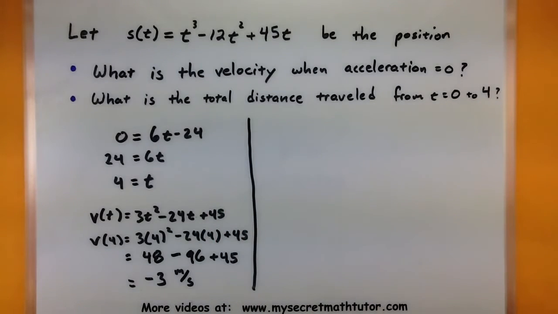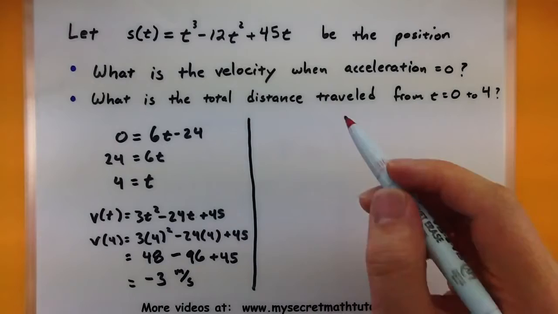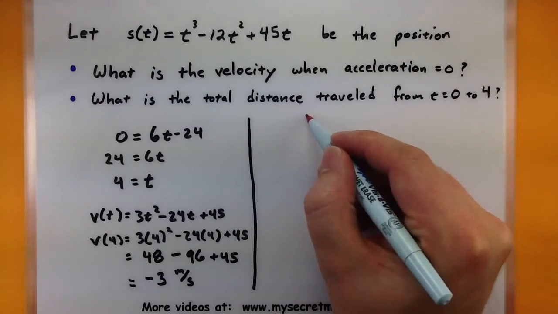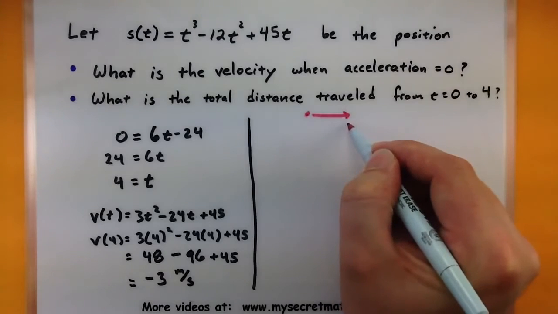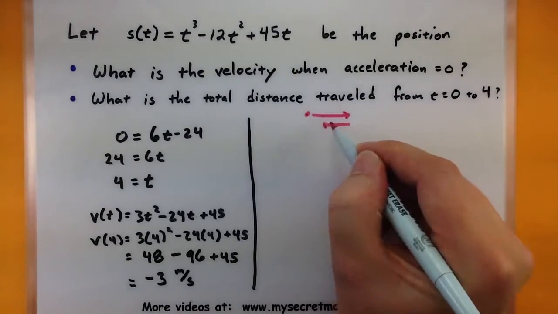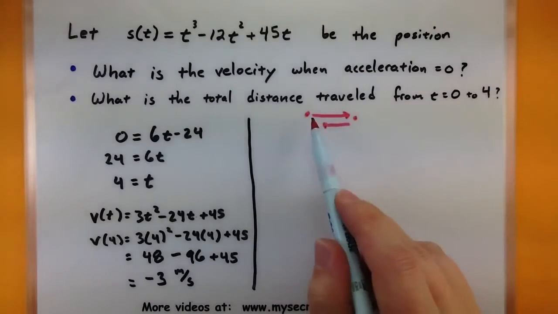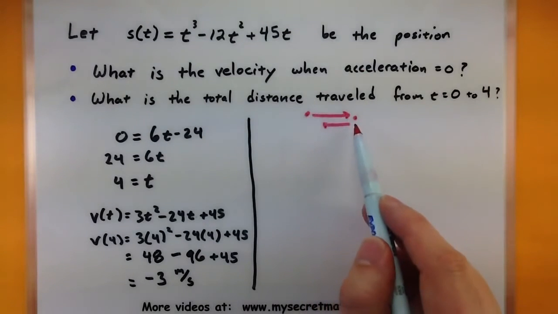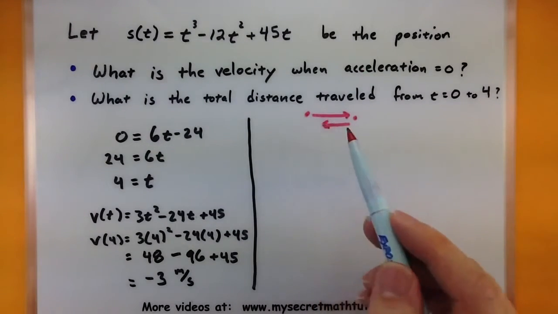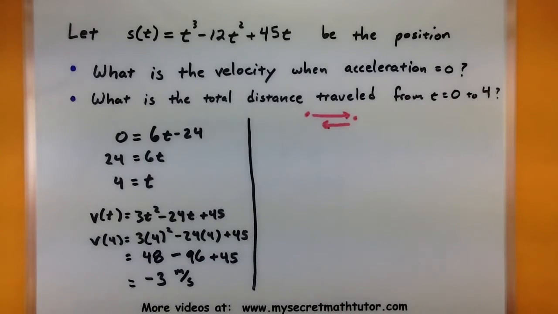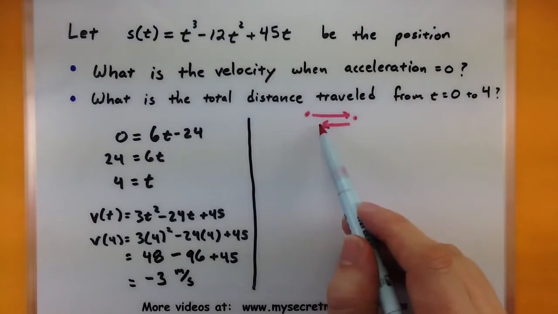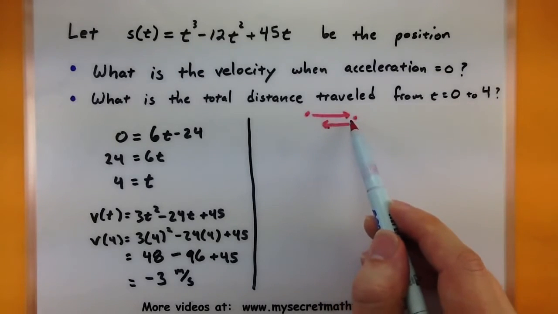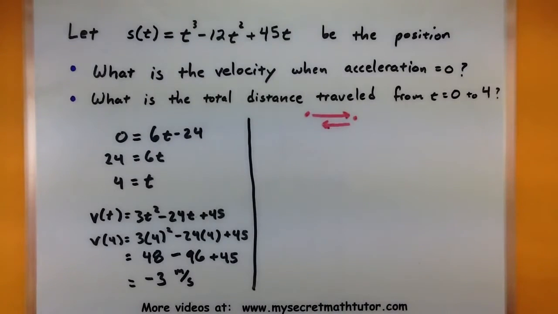Think of what happens when our particle starts at a spot, goes in a certain direction, and then maybe turns around. I would want the total distance, like this distance plus this distance, and my position function won't necessarily give me that directly, because if I just took times 0 and 4, it might not be enough. It might not actually count there and back again for my distance.